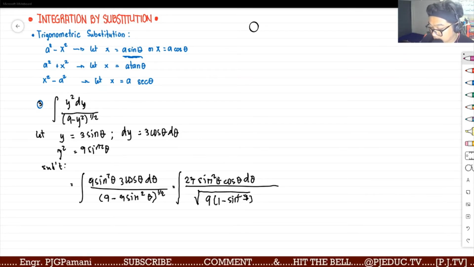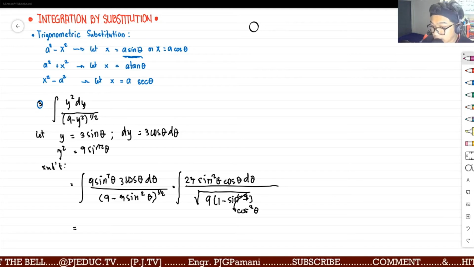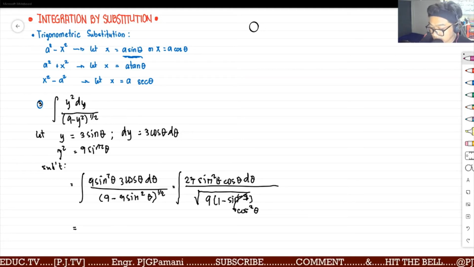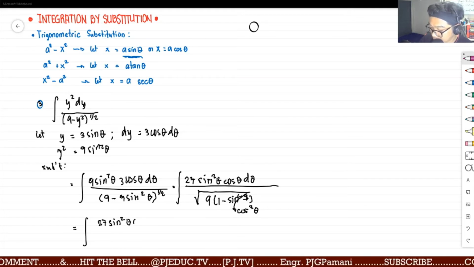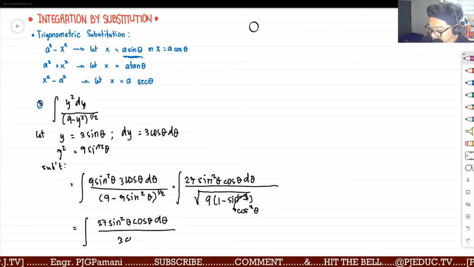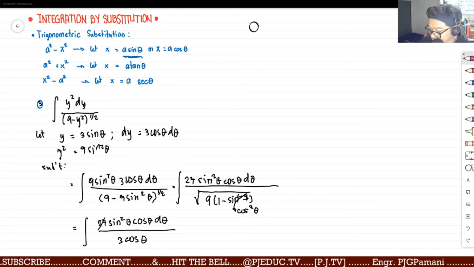So, that is the same as the identity of cosine squared theta. Then square root of 9 cosine squared theta is simply 3 cosine theta. Tama. Divide. Cancel.